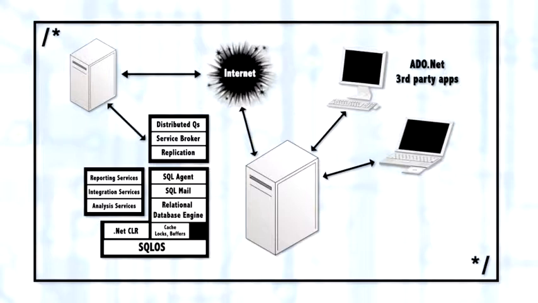Keep in mind that in this training we're focusing on developing databases, so while we're talking at this point about the different services and the different components of SQL Server, the rest of this training will be focused on how to develop a database. So we're not going to be talking about Service Broker or replication in great detail.